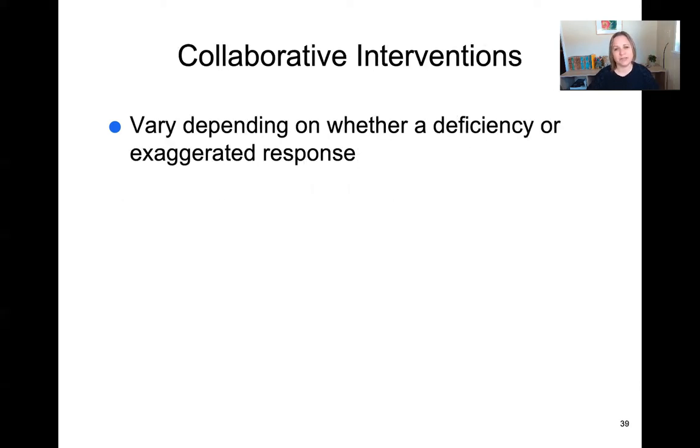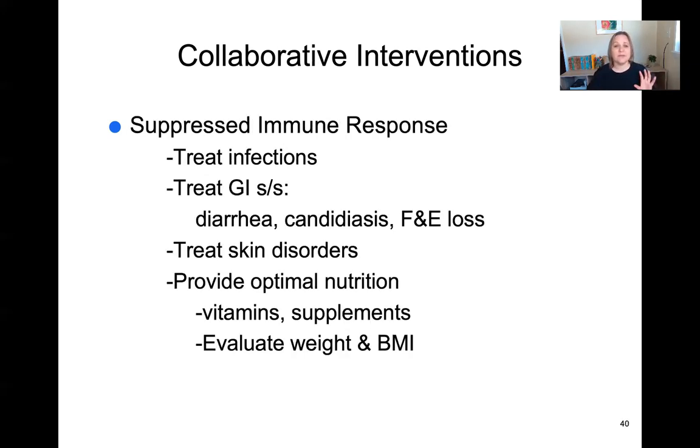Now, collaborative interventions are really going to depend on which side of the spectrum we're talking about. Do they have an immune compromise, or do they have an overactive immune system? So if they have an immune compromise where their system does not function as much as it should, we're going to treat infections and treat them aggressively.